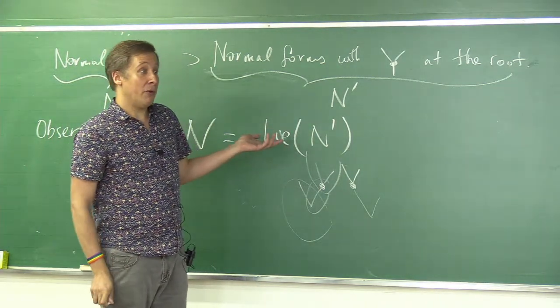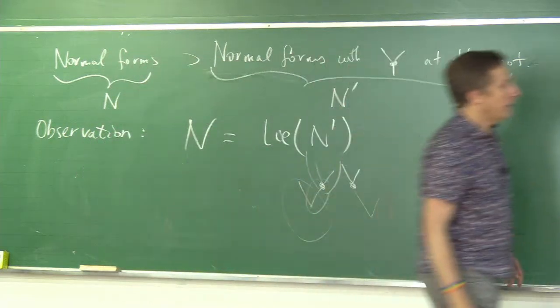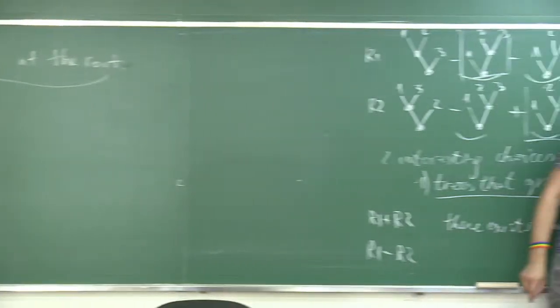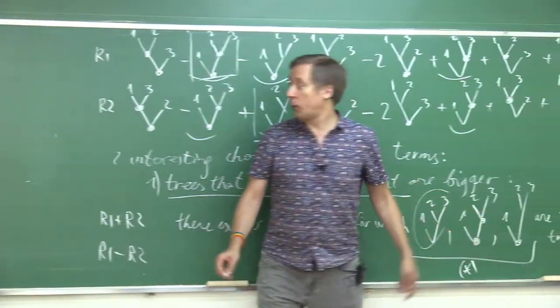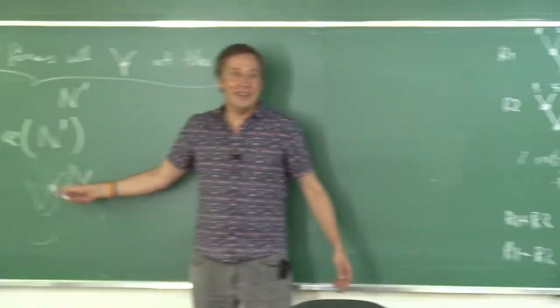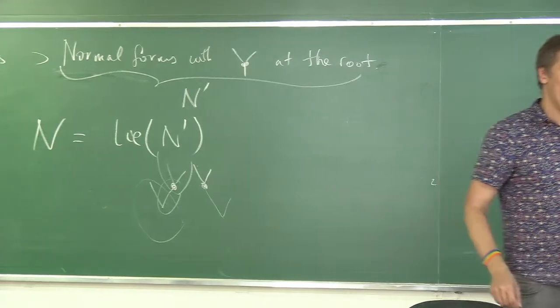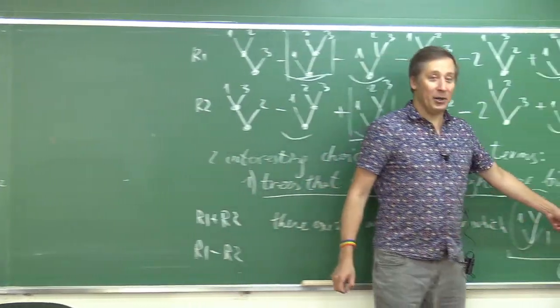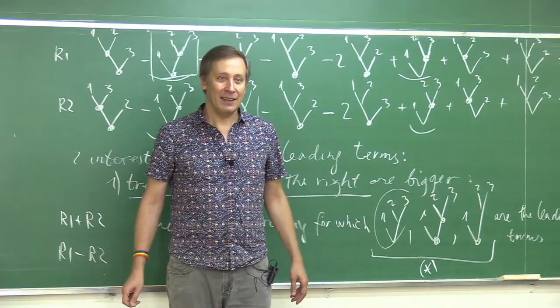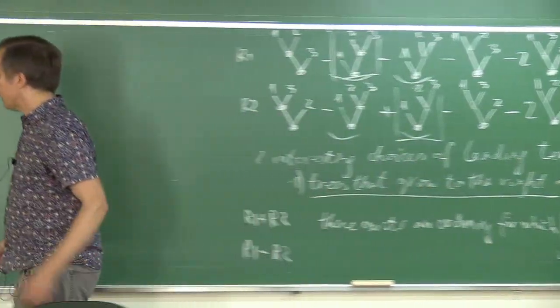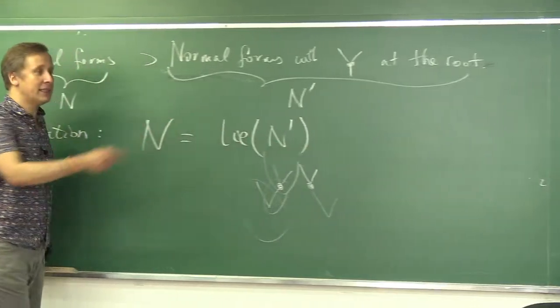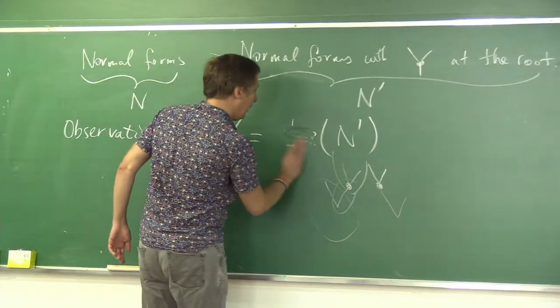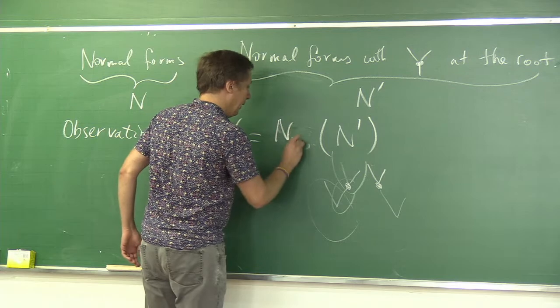But these are the leading terms. They don't create problems like that. If you substitute the symmetrized product into the Lie bracket, it's not the leading term of our Grobner basis.